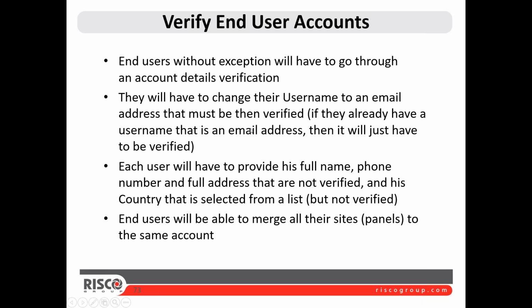The reason for this is that for the cloud to comply with the new GDPR rules in terms of privacy and so on, this has been a requirement for the public cloud. Users will have to put in their account information and details, say their address and phone number, and that's a requirement.